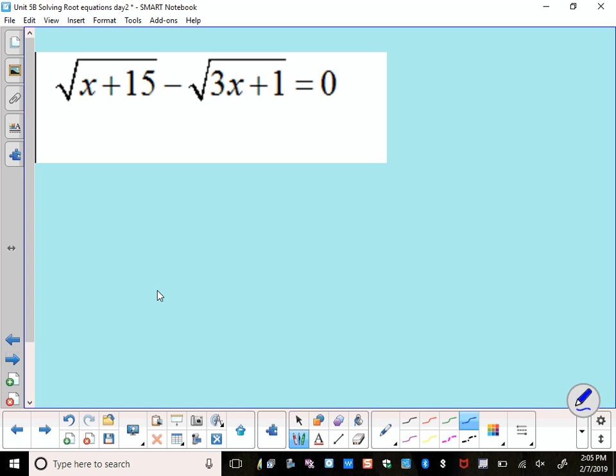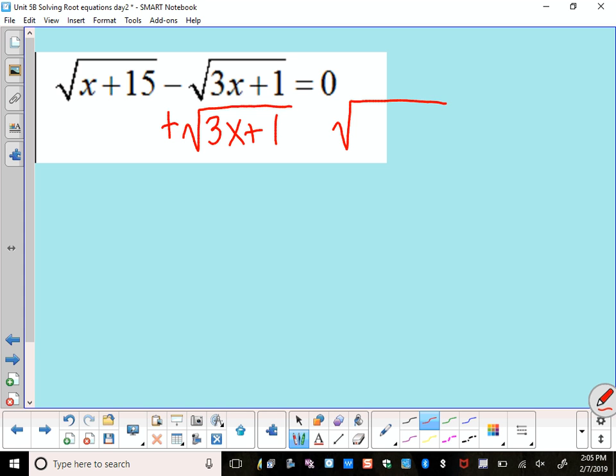Alright, on the next one, here's what we gotta do. We want to get rid of one of these. I don't want to have both radicals on one side. It has to be equal. So we're basically gonna take this whole thing and move it to the other side. So I'm going to add it to the other side, because now it's subtraction.